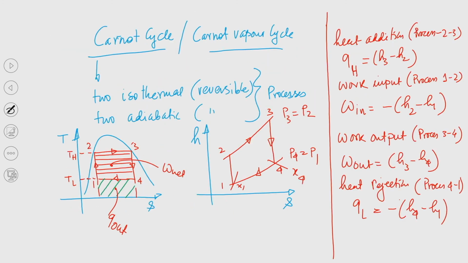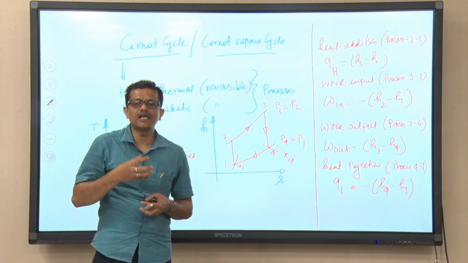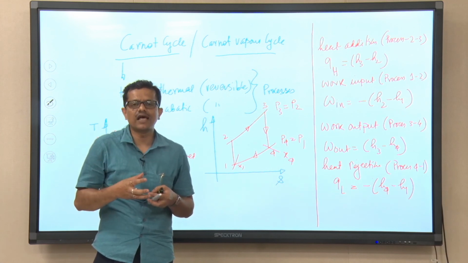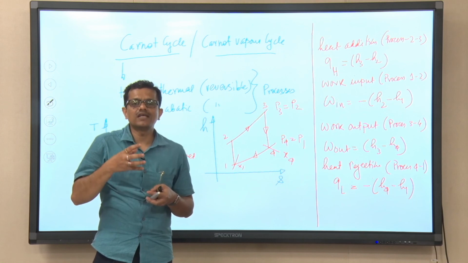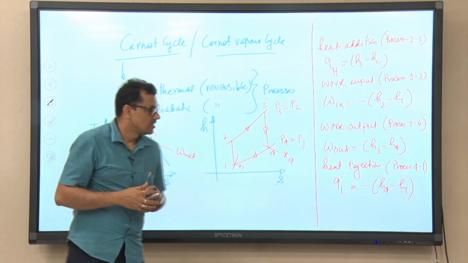As I said, this Carnot cycle is the ideal cycle. It is very difficult to implement or achieve in practice, but still we need to study it, because all the actual cycles will be compared with this ideal cycle.